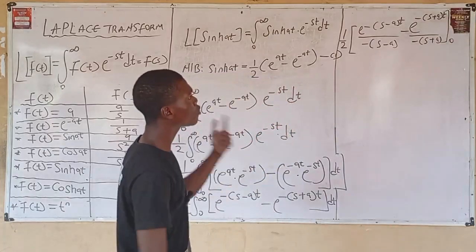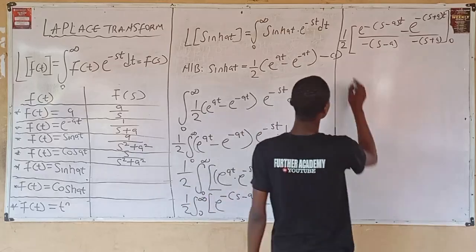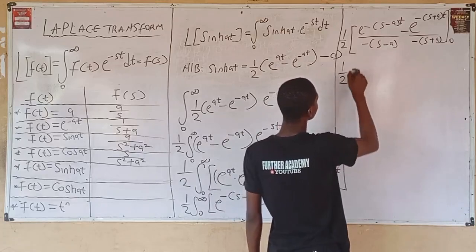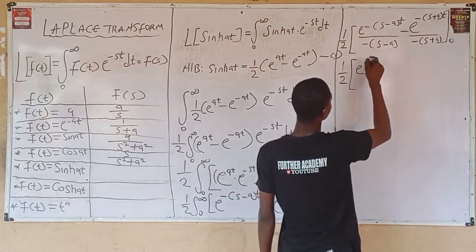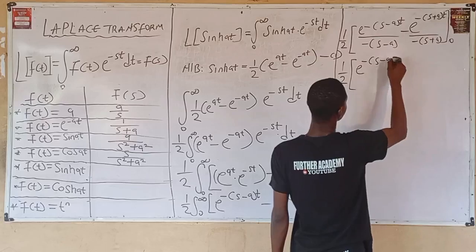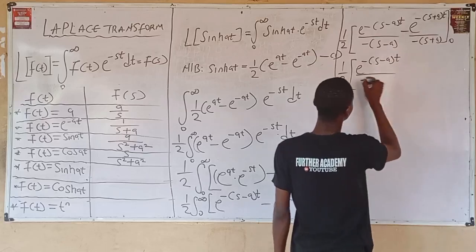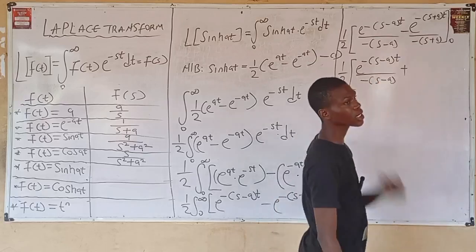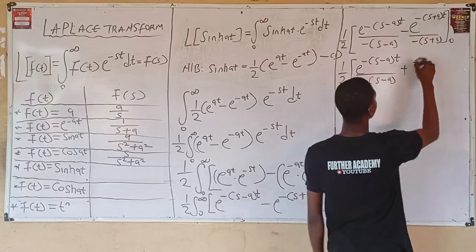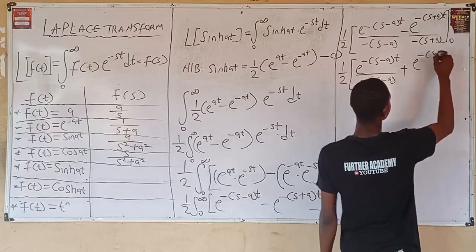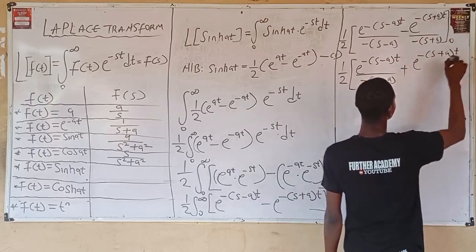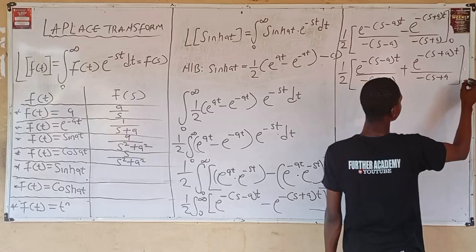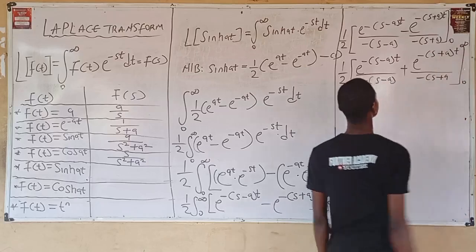Before substituting, I can write this expression as 1 over 2 all into bracket exponential negative (s minus a)t divided by negative (s minus a), plus, since negative times negative becomes plus, exponential negative (s plus a)t divided by negative (s plus a), with limits from 0 to infinity.